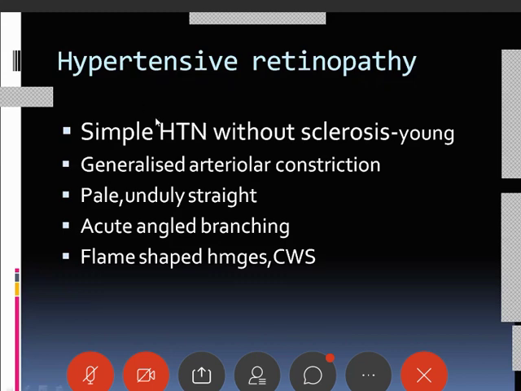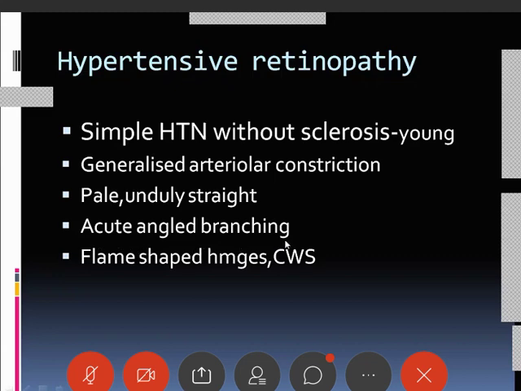The first situation is simple hypertension without sclerosis, which occurs in young individuals with young and resilient vessels. There will be generalized arteriolar narrowing or constriction, and the vessel becomes pale and unduly straight.